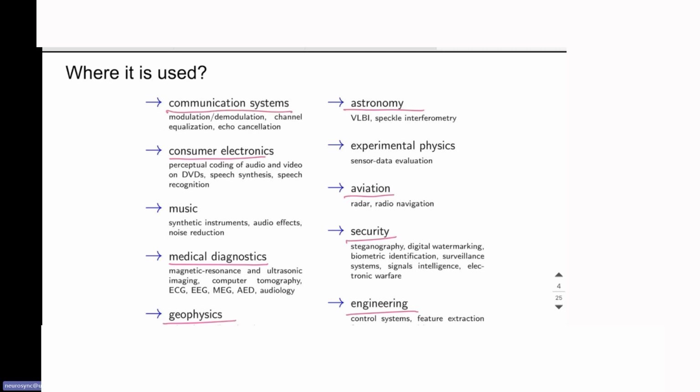Now in finance also, nowadays, digital signal processing is used. All these are applications of digital signal processing. For each particular application, it is used for a particular operation. These are listed here. You can go through it later.